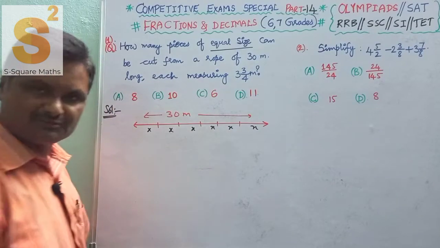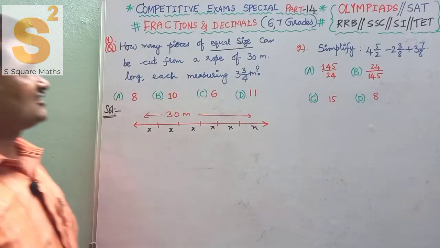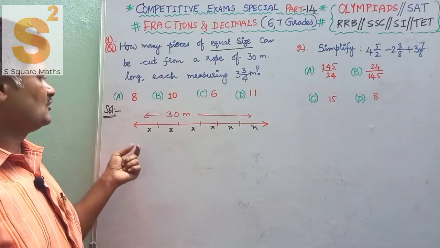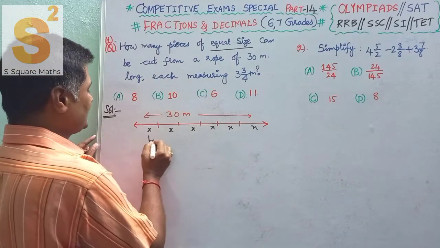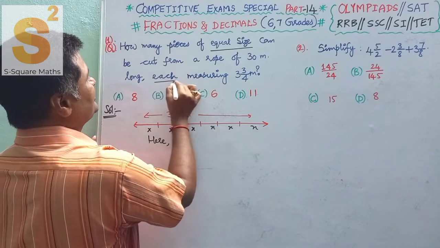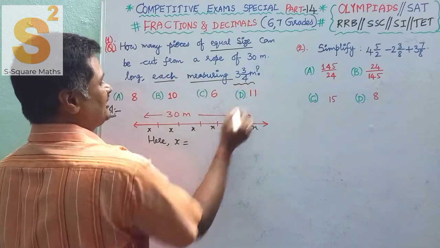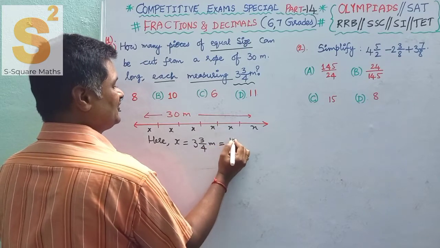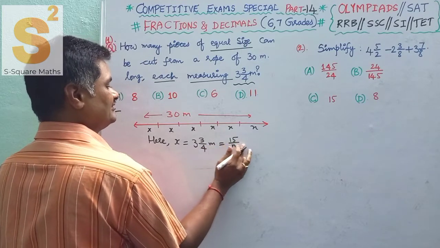How many pieces of equal size, they said. So this is the diagram for your understanding. Here our x is nothing but each measuring 3 by 4 meters, nothing but 15 by 4 meters.